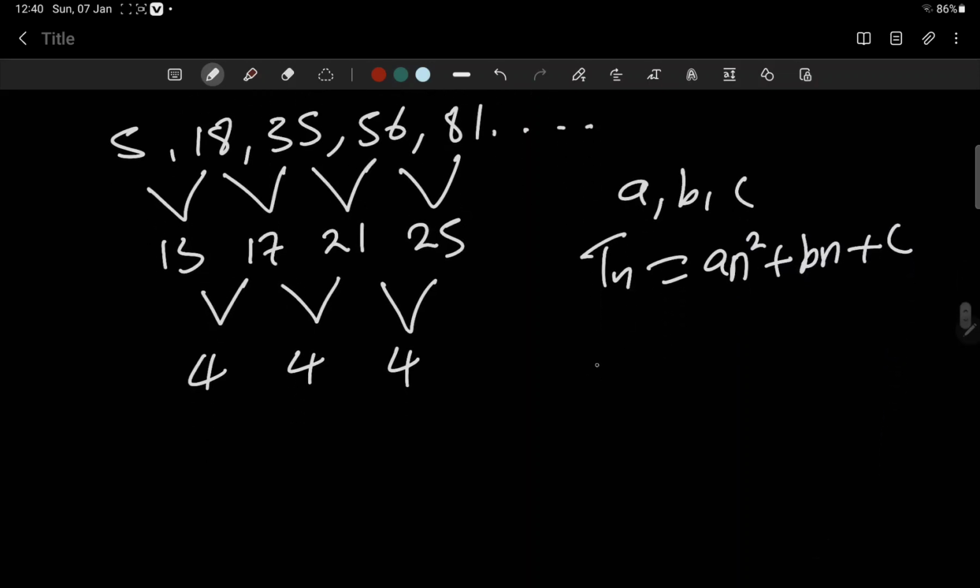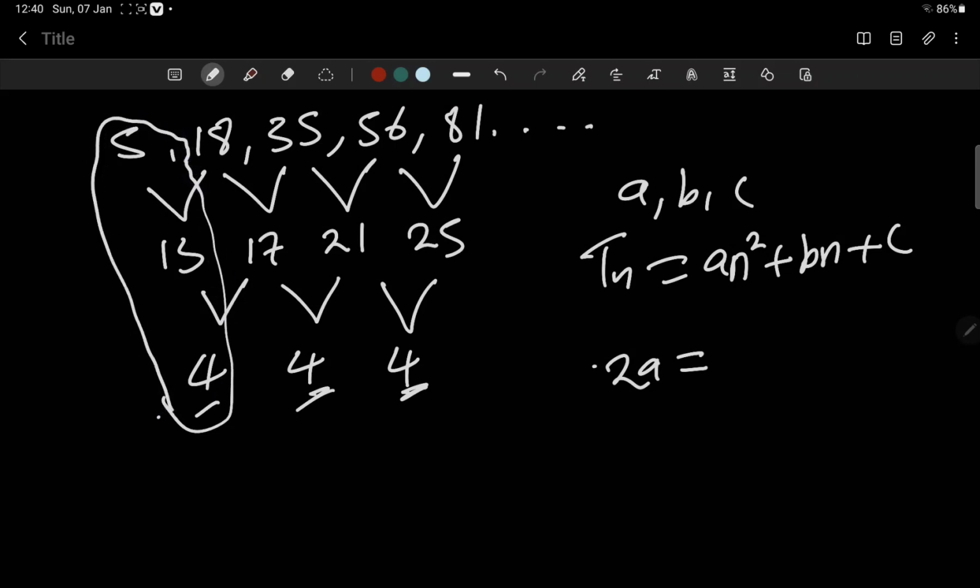Then how do we find a? 2a equals the second difference, but we only look at the first ones, not the middle ones. So this is the second difference, and this is the first difference. Then 2a equals the second difference. In this case, the second difference is 4.